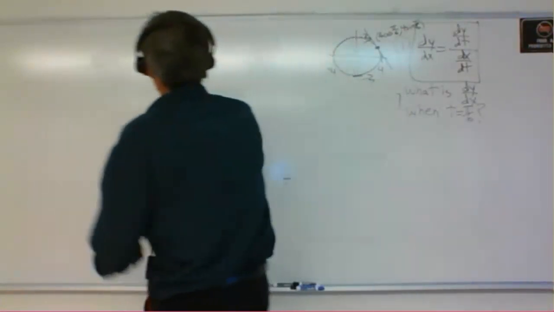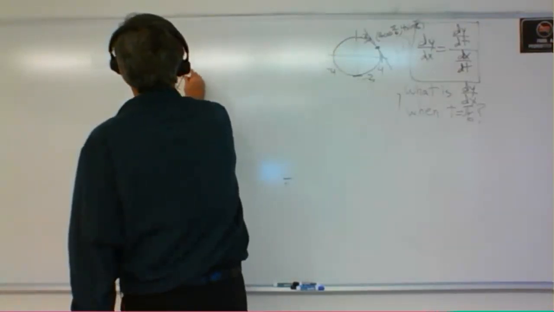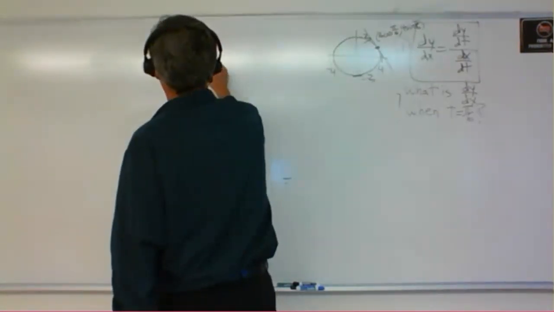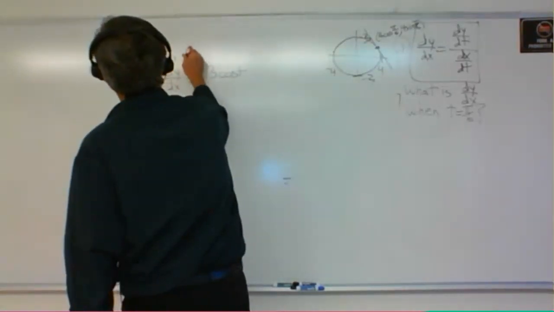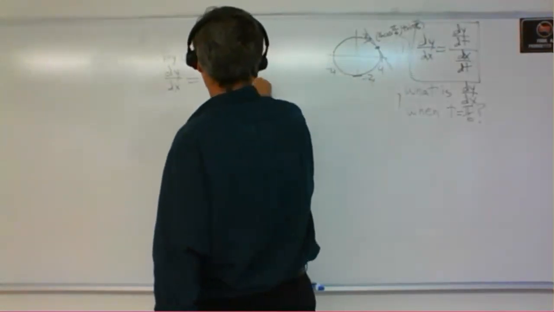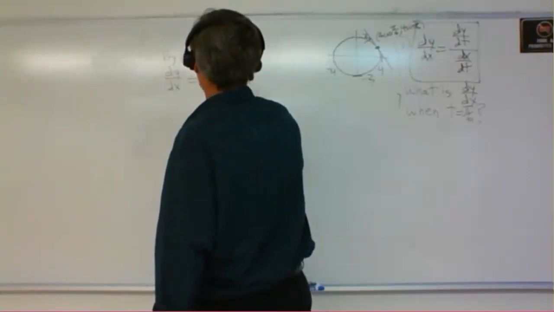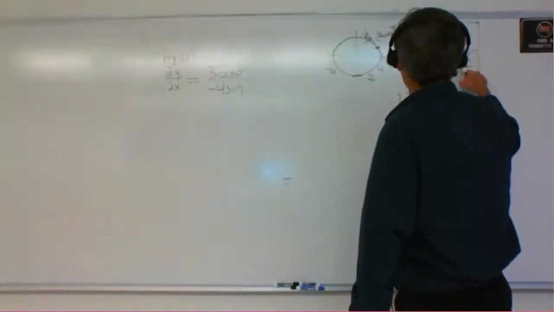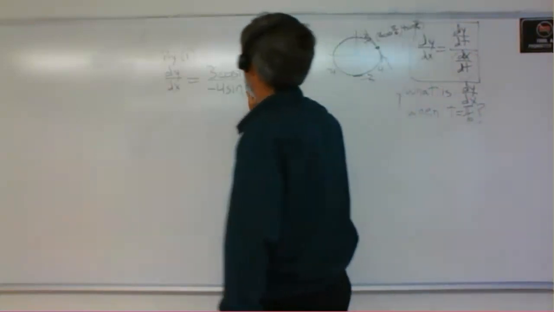Well, it's easy, right? I'll just say dy dx at any point t along the curve is just the derivative of y over the derivative of x. y was 3 sine t, so its derivative is 3 cosine t, by equation 1. And I'm calculating dx dt down here. x was 4 cosine t, so dx dt is minus 4 sine t.